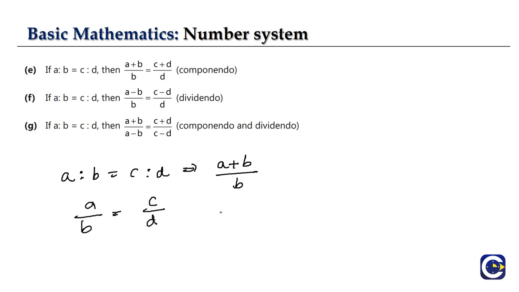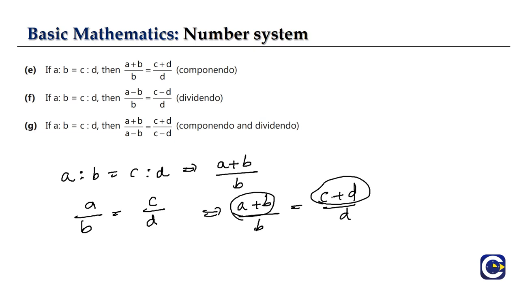Then the sum of numerator and denominator, that is a plus b by b, is equal to c plus d by d. So when we add numerator and denominator and put that in the numerator, this operation is called componendo. And when we subtract, that will be called dividendo. Right? When we add, that is componendo, and when we subtract, it is dividendo.